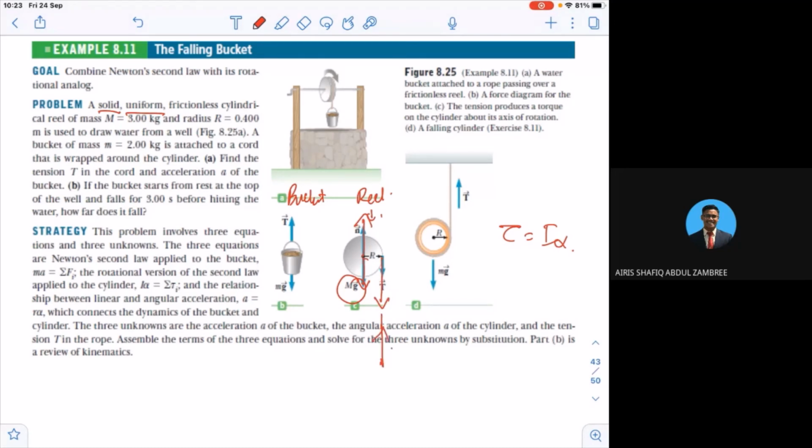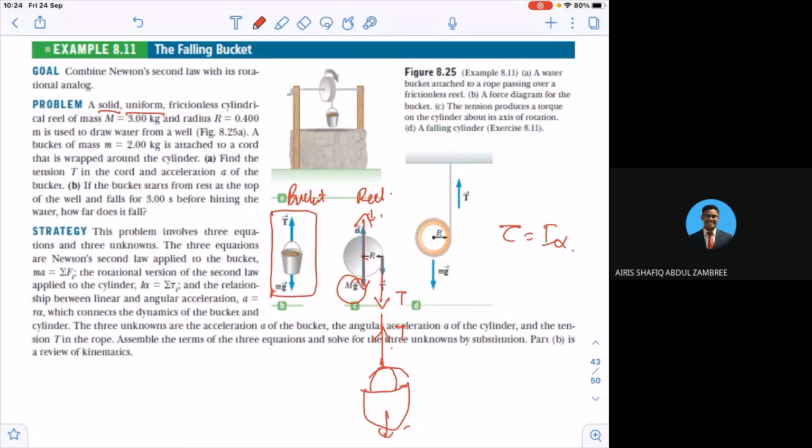This is how they wrap it, and this is your bucket. They use the same tension, so there is a force at the bucket and also a force at the reel.